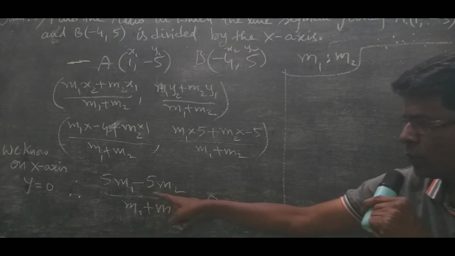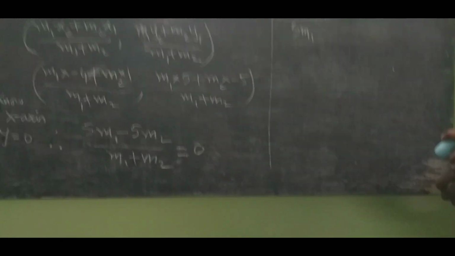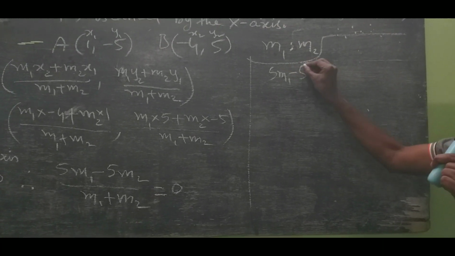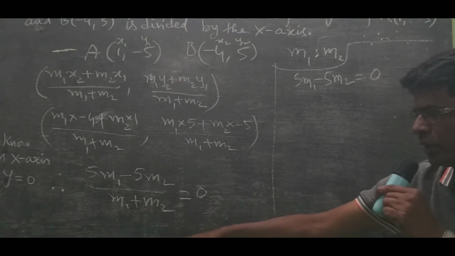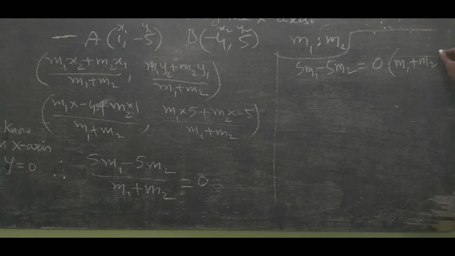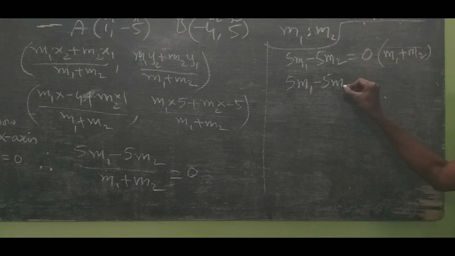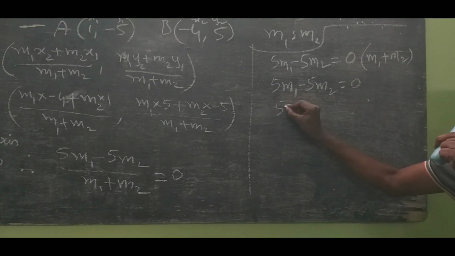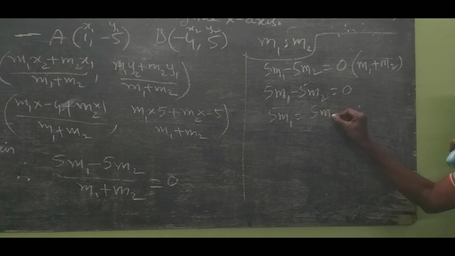For the numerator, you write 5 m1 minus 5 m2. The denominator goes to the other side and gets multiplied, so 5 m1 minus 5 m2 is equal to 0 times the denominator, which is 0. So 5 m1 is equal to 5 m2.